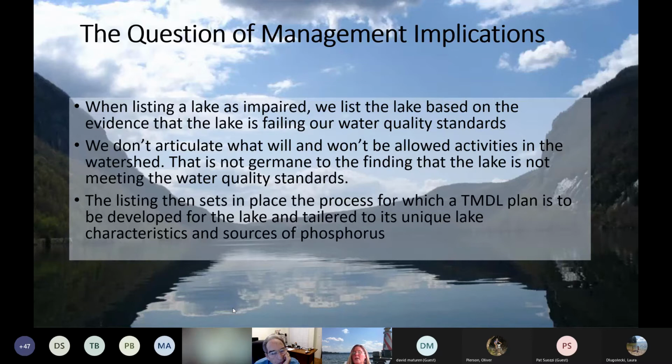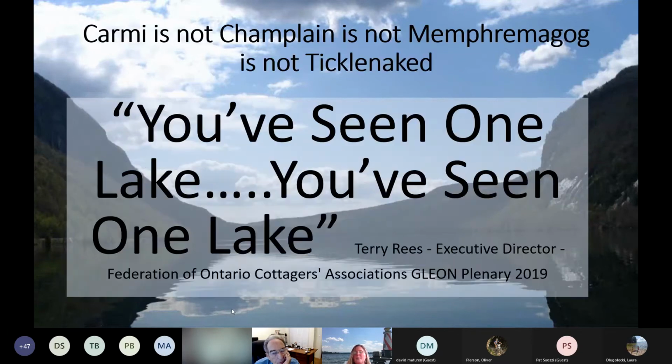We don't articulate what will and won't be allowed activities in the watershed. That is not germane to the finding that the lake is not meeting the water quality standards. The listing then sets in place the process for which a TMDL, a total maximum daily load plan, is to be developed for the lake and tailored to its unique lake characteristics and sources of phosphorus.